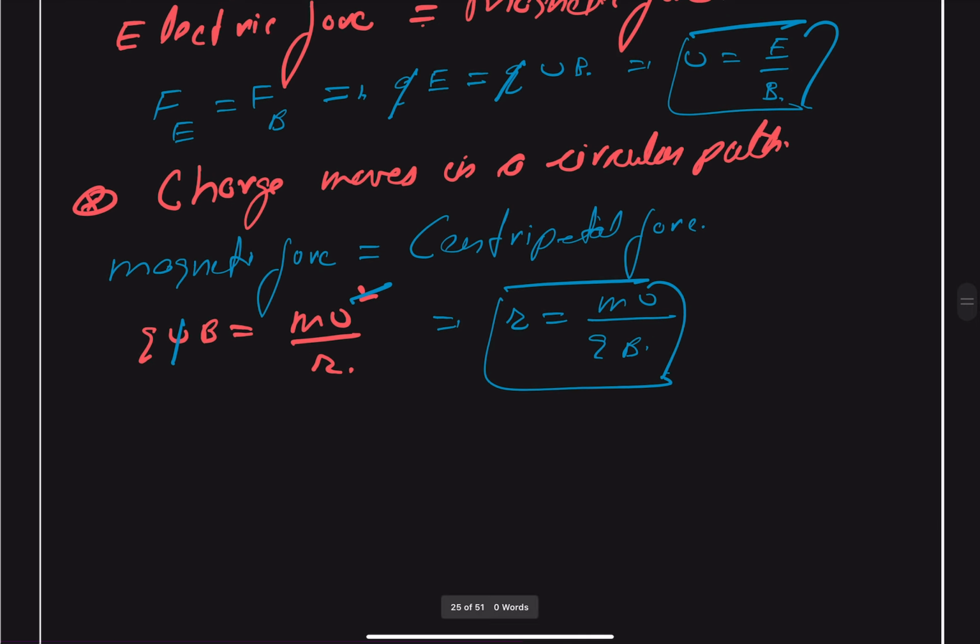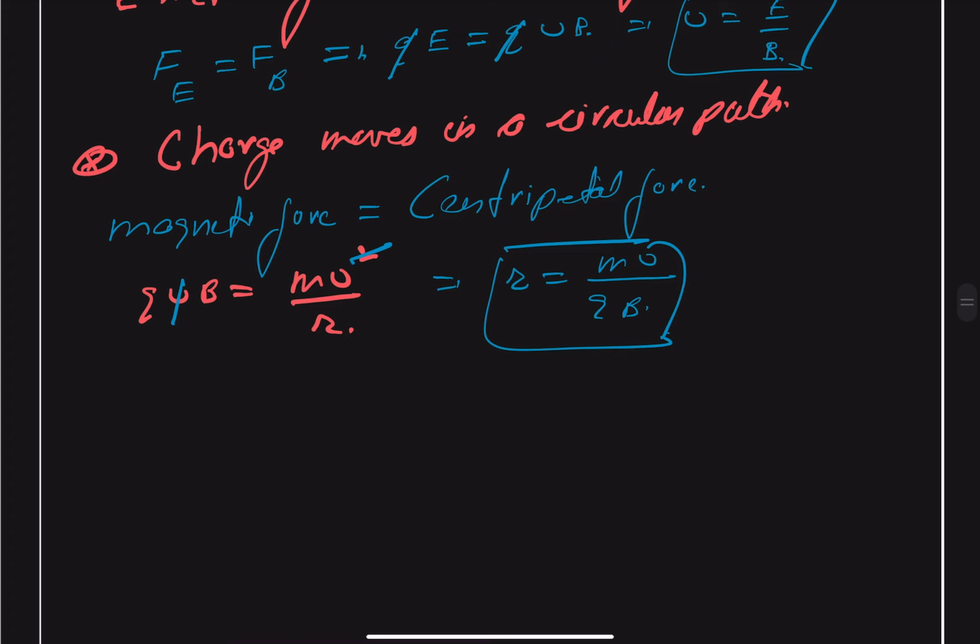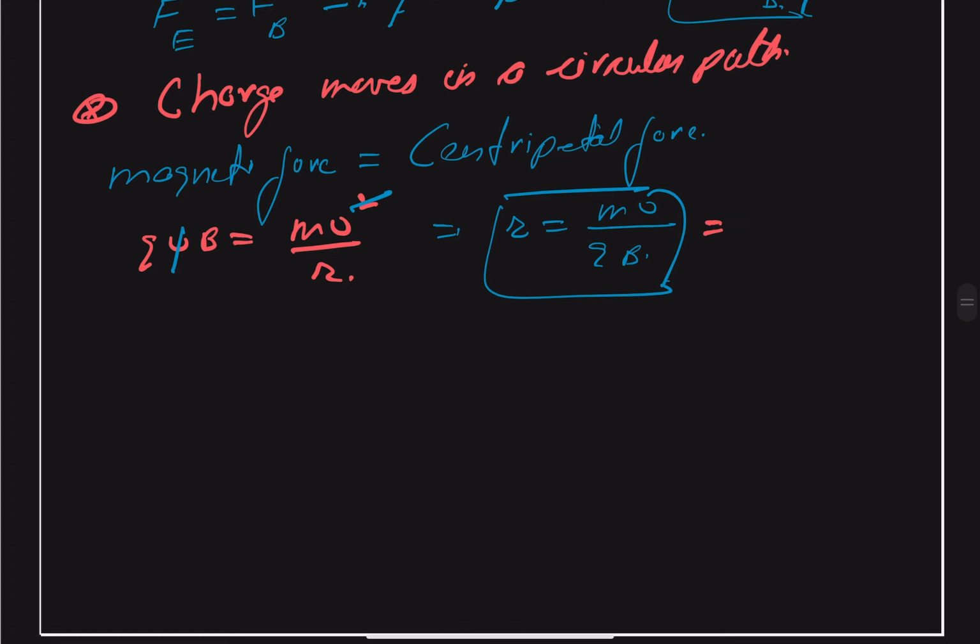Okay, so let me write this equation again. So from here I can say my mass will be equal to QBR divided by V.